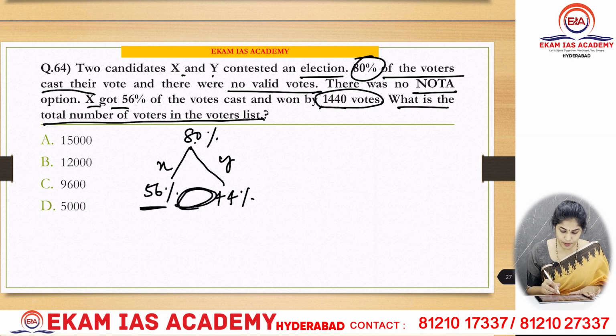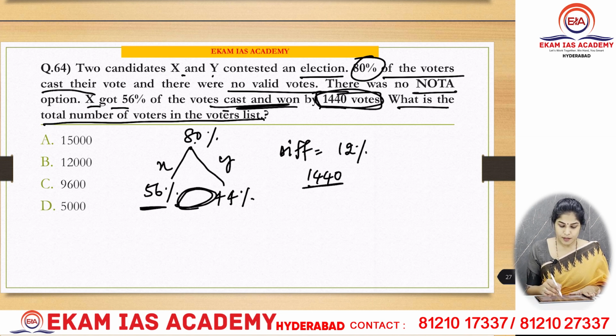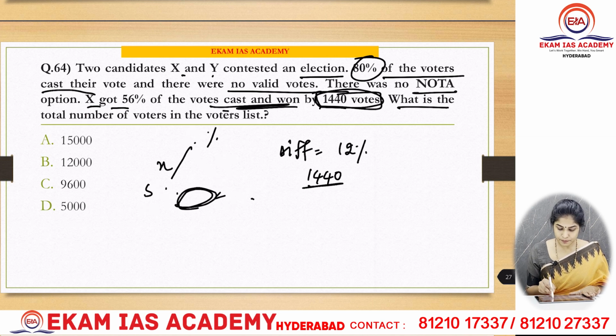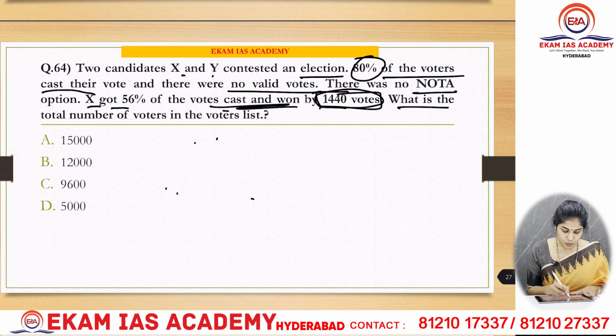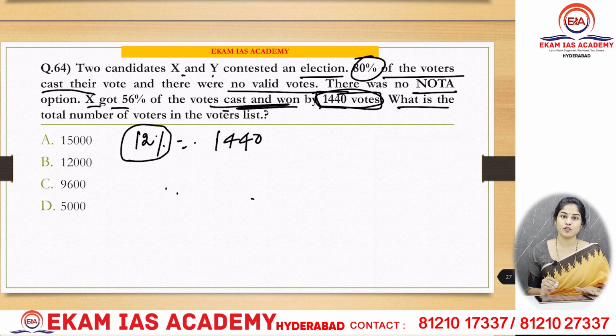What is the gap difference? Difference is 12%, which is the votes won by x, which is 1440, right? So 12% is 1440. This 12% is of the 80% of the votes, the people who cast their votes.